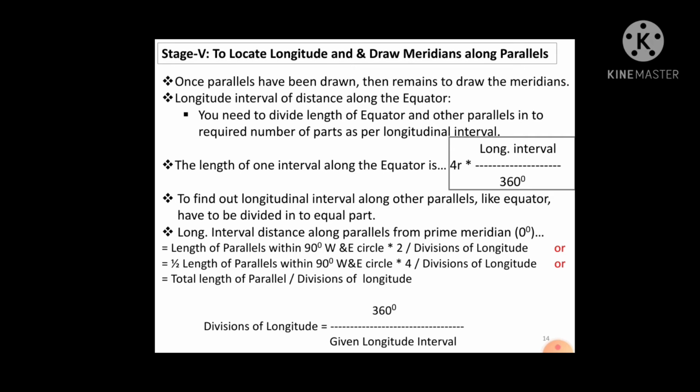So 360 divided by 30 is 12. So 12 means you have to divide the entire parallel into 12 divisions. So the length of that particular parallel divided by 12, you will get the one figure which shows you the distance interval of the longitude.